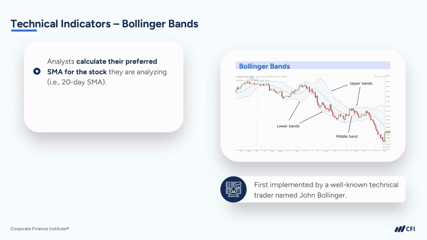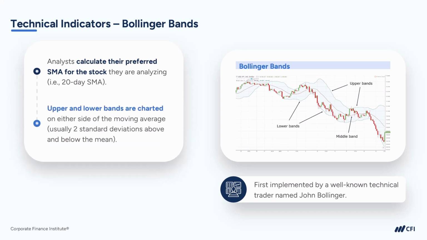Next, an upper and lower band are charted on either side of the moving average, which is usually placed 2 standard deviations above and below the mean. Now, from statistics, we know that 95% of the stock's trading activity will take place within the upper and lower band if we're using 2 standard deviations.